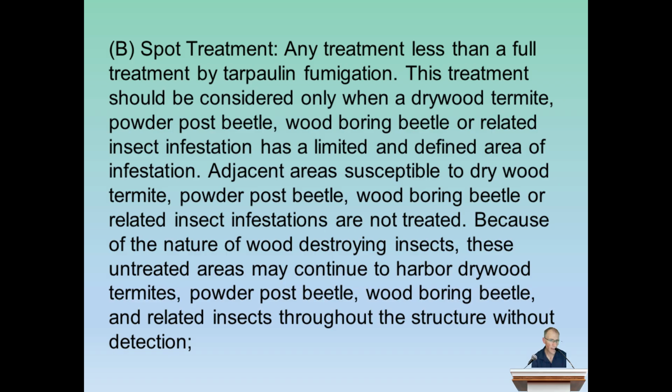Adjacent areas susceptible to drywood termite, powder post beetle, wood boring beetle, or related insect infestations are not treated. Because of the nature of wood-destroying insects, these untreated areas may continue to harbor drywood termites, powder post beetle, wood boring beetle, and related insects throughout the structure without detection.